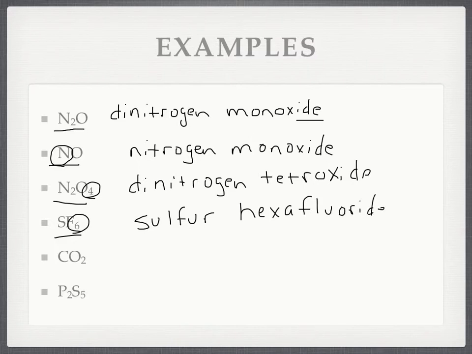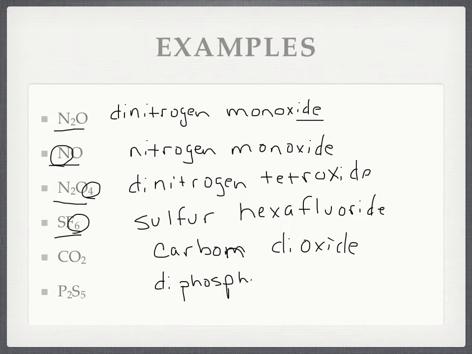Hexafluoride. The next one, you're probably familiar with. You would simply call it carbon dioxide. And then our last one, we would call it diphosphorus. 5 is penta, so pentasulfide.